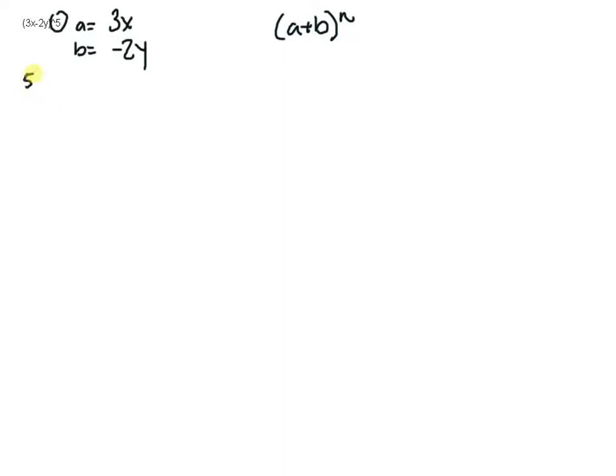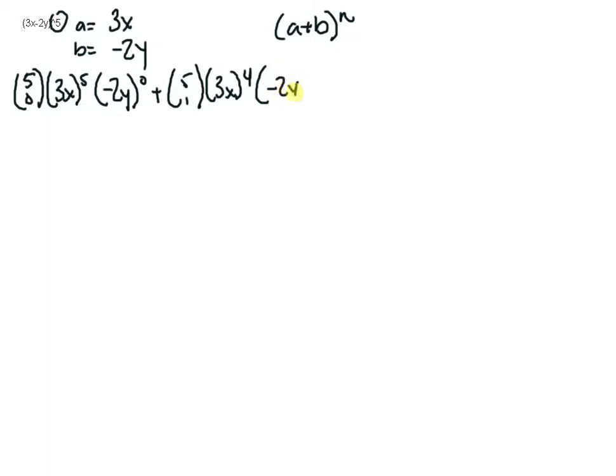So let's go: 5 choose 0, 3x to the 5, negative 2y to the 0. 5 choose 1, 3x to the 4, negative 2y to the 1. 5 choose 2, 3x to the 3, negative 2y to the 2.